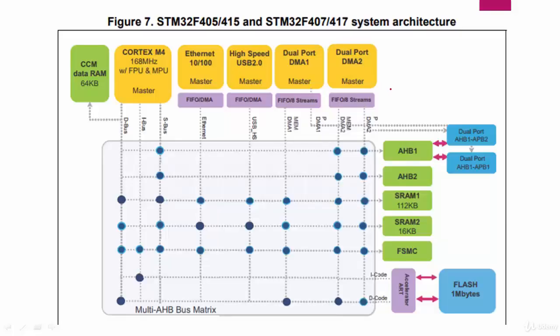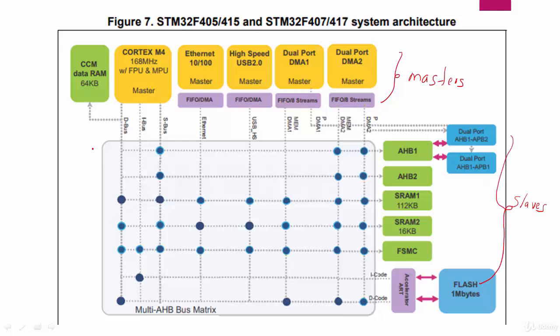In this diagram, at the top, what you are seeing in the yellow boxes are called masters. And on the right-hand side, these green boxes and all these things you are seeing here are slaves.